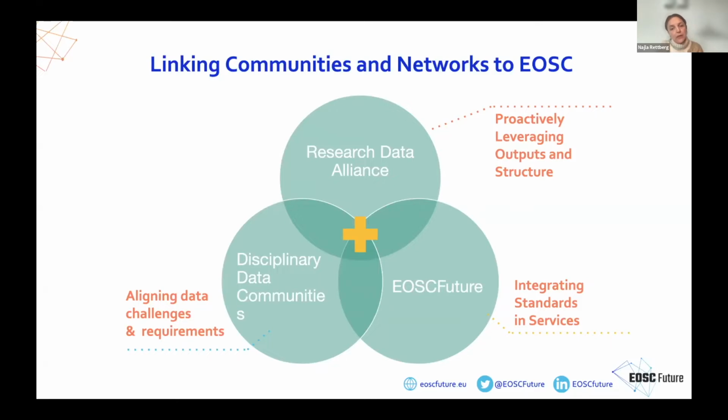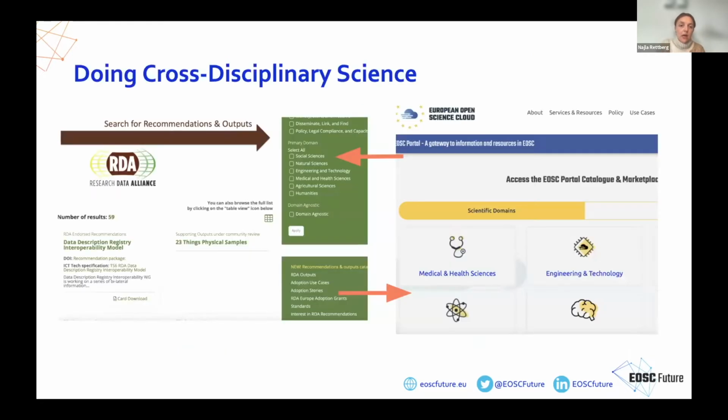We want to see how they can be used in an open science and EOSC Open Science Cloud environment within EOSC Future, and see how these can work together with the outputs of EOSC Future. And importantly, the third element is bringing the disciplines on board as well. That's some of the context of why we're running these calls, and that's what we expect to see in the applications: these three elements.